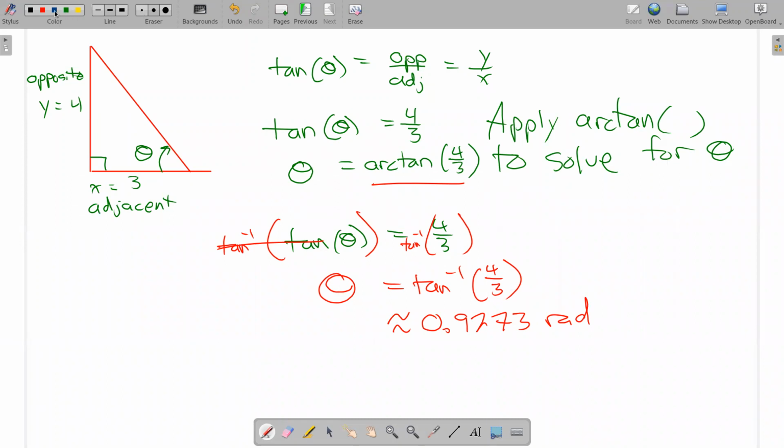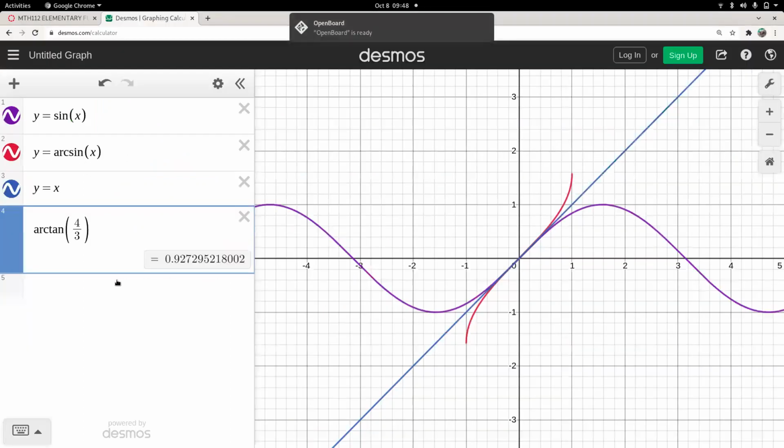So I'm just going to double check that both ways. If I wanted this in degrees, then I would convert by recognizing radians goes in the bottom for my conversion, degrees in the top. 180 degrees is the same as pi. So if I take this number and multiply by 180, divide by pi, that should give me the degree version of that angle. So we'll check that in two different ways.